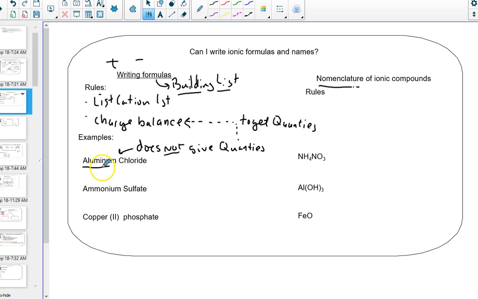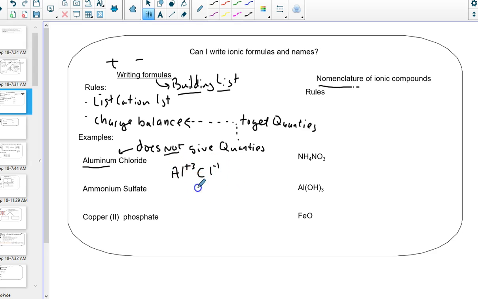Aluminum. Go on your ion sheet or use the periodic table and get the common ion for this guy. It is aluminum with a +3 charge. Chloride only has a -1 charge. So then we want to balance these charges. How many chlorides do I need to balance the one aluminum?